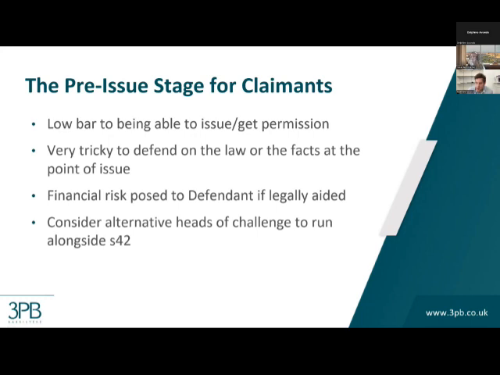Where you have an arguable breach of statutory duty, in theory, you should get permission to bring your claim. So we've got a straightforward statutory duty and a low level for permission. Because of the strict statutory regime and the interpretation of the duty under Section 42, on a purely legal basis these cases are very difficult to defend on the law. They're also, as we'll come on to see, often tricky to defend on the facts.